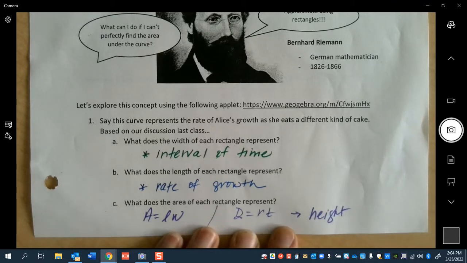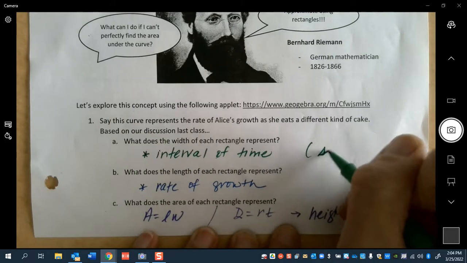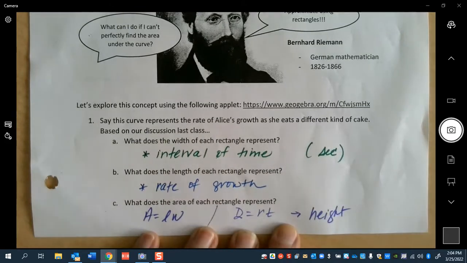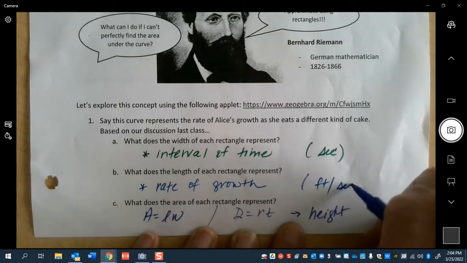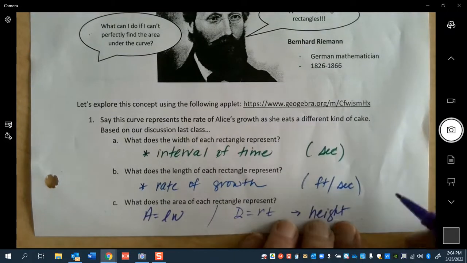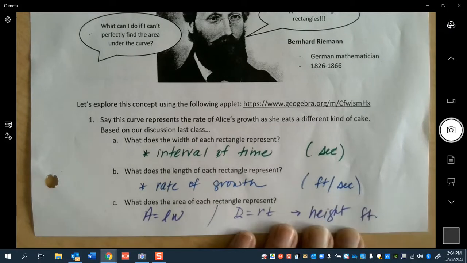So go ahead and give yourself some notes. Our interval of time is measured in seconds. Her rate of growth is feet per second. And her height is going to be measured in feet.